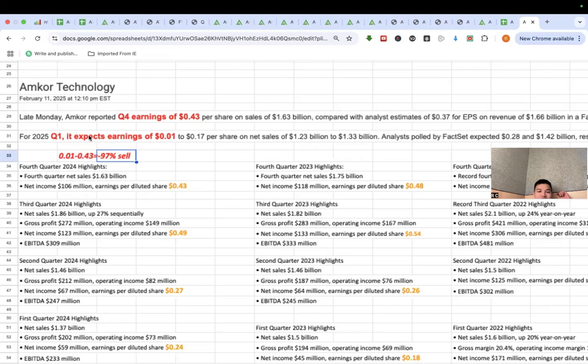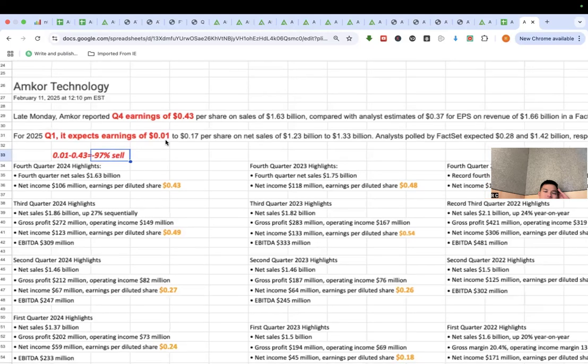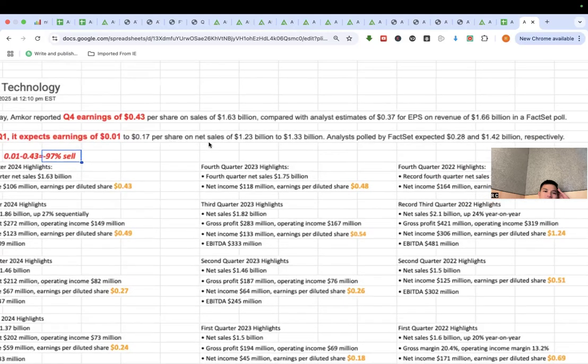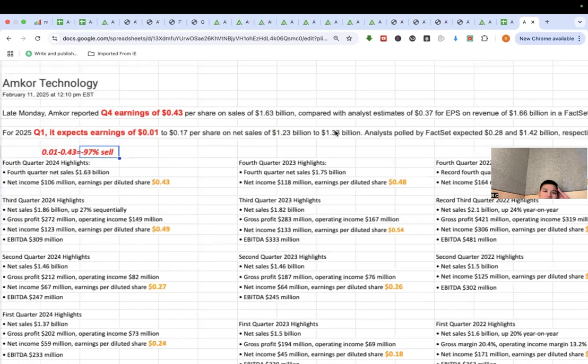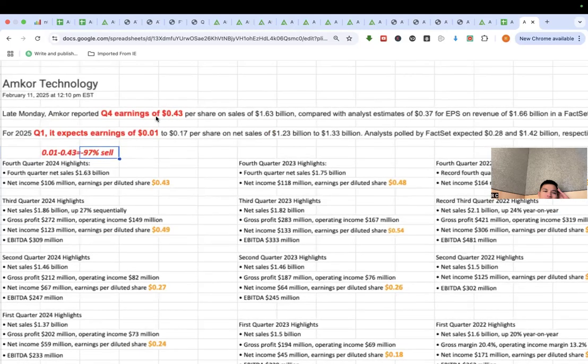Today I have time and I have the mood to check the calculation. Sometimes I don't even check. 0.01 minus 0.43. Q1 is expect. Okay. Hold 0.28. And then late Monday, Q4.